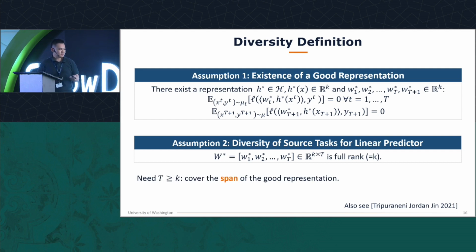Implicitly, we're assuming that T is at least as big as k, so it can cover the span of the good representation. Why do we call this diversity? Because W star, which holds the linear predictors for the source tasks, really covers the entire space of this representation. For example, in the counterexample I gave you, W star is not a full rank matrix. It is a low rank matrix and does not cover the entire span of the representation.